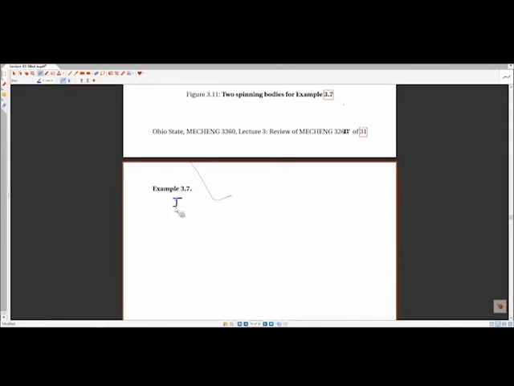So for the first inertia, we get J1 times theta 1 double dot of t, and that's equal to the input torque, a function of time, plus k times theta 2 of t minus theta 1 of t.